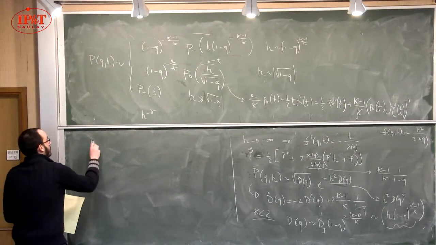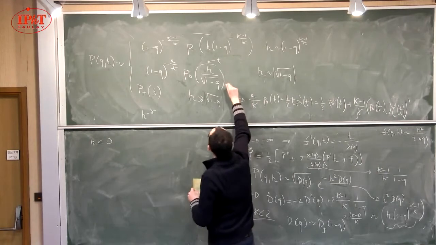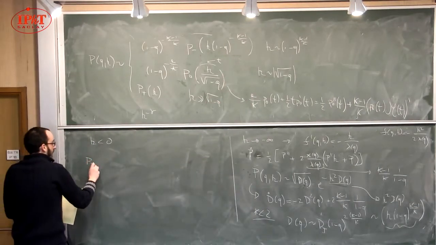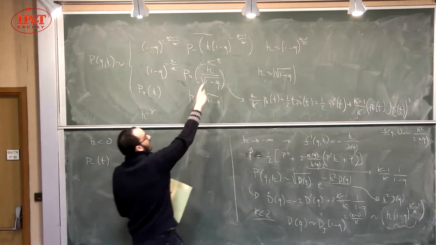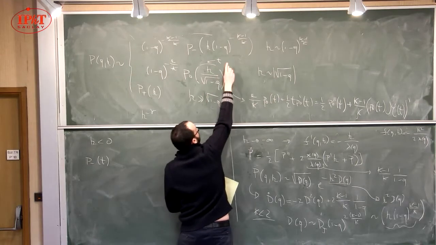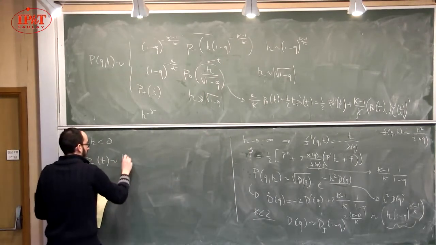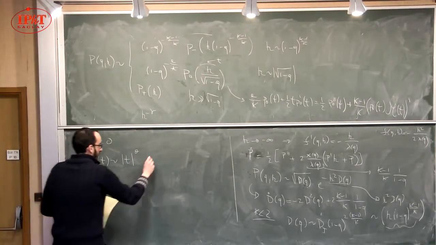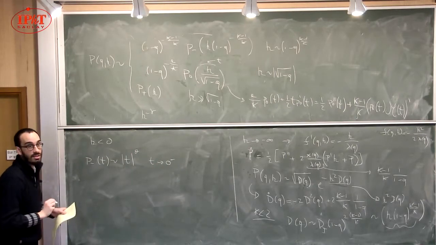So for h negative, when we take this function, this should match this, right? So let's assume that p minus of t, where this t is that scaling variable, sorry for the bad notation, goes like t to the theta. So this is when t goes to 0 minus. Okay?